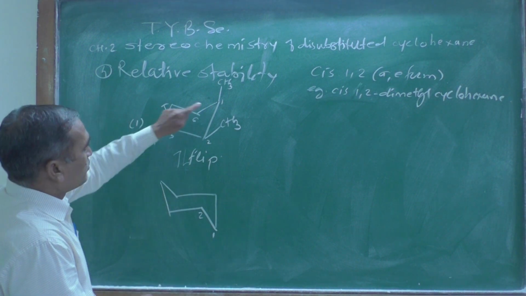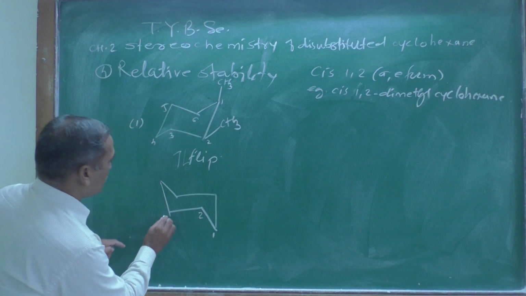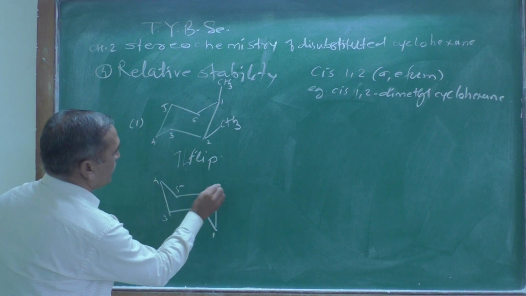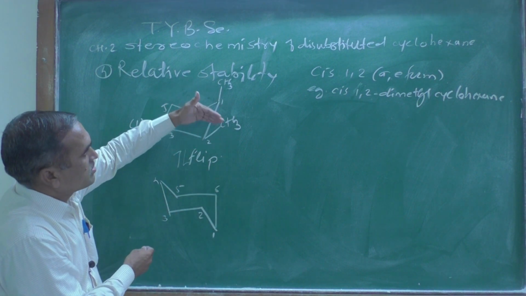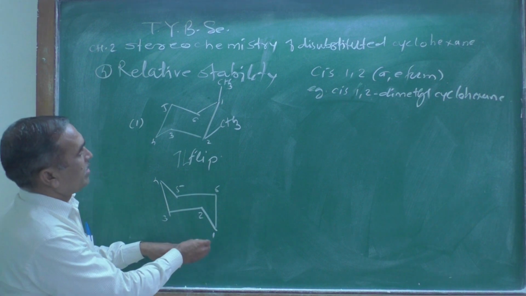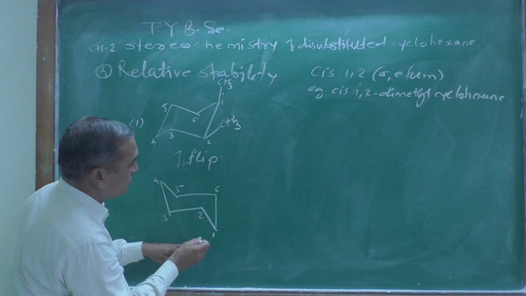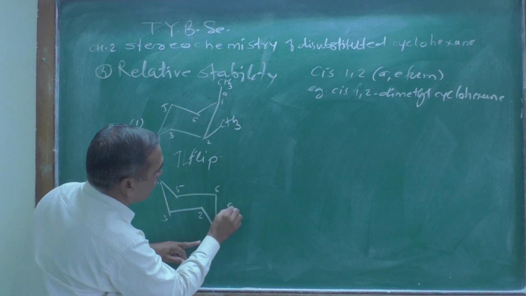That's it. Now look here, this is carbon number 1, 2, now here is 3, 4, 5 and 6. After the flipping, one carbon atom that was above the plane now becomes below the plane, and this axial bond is going to convert into an equatorial one.